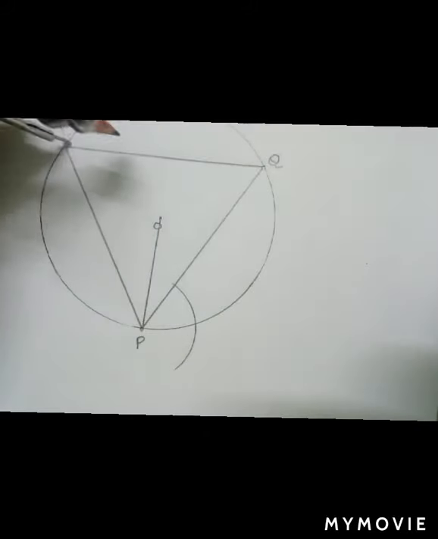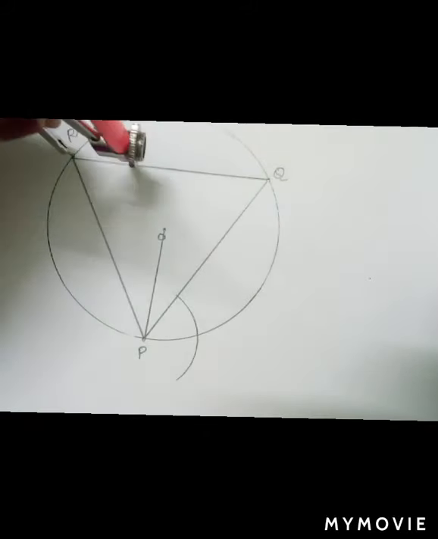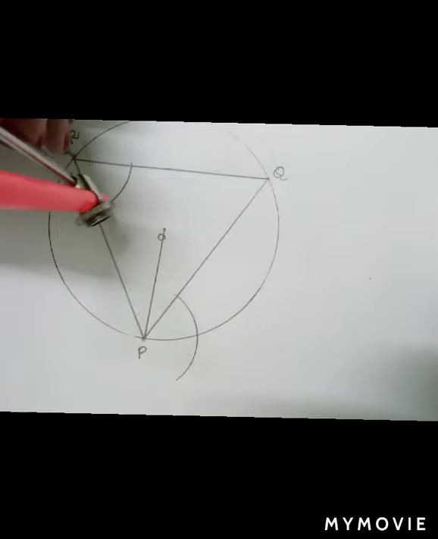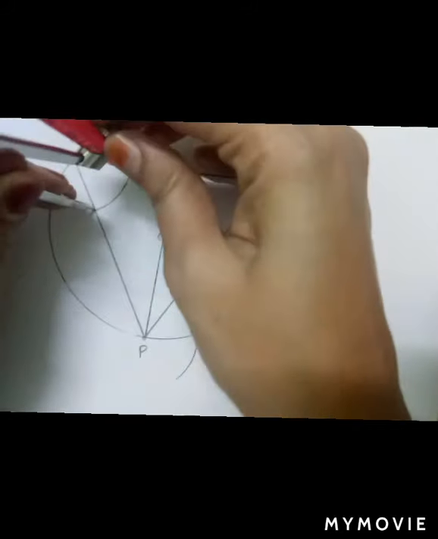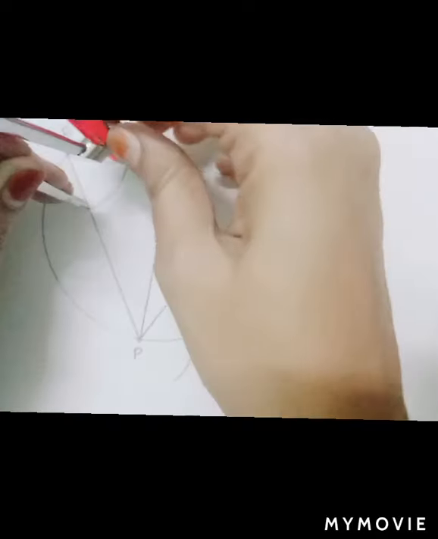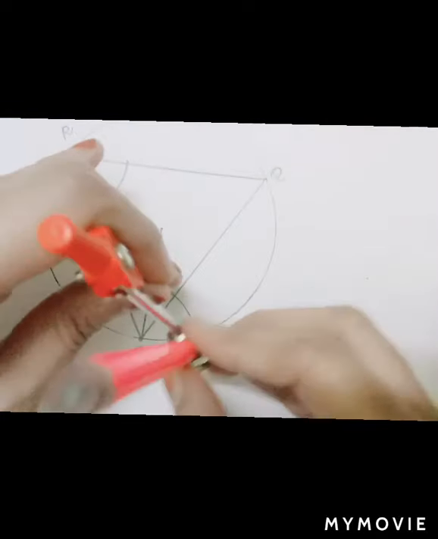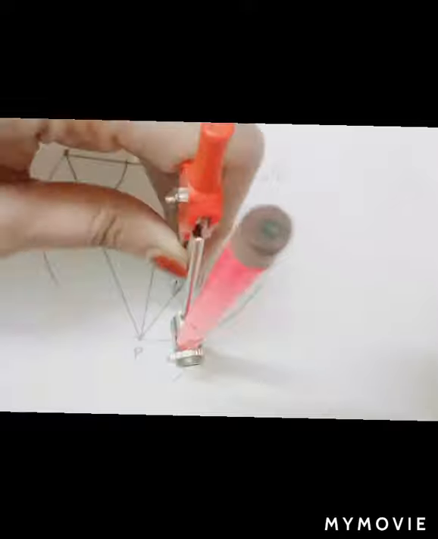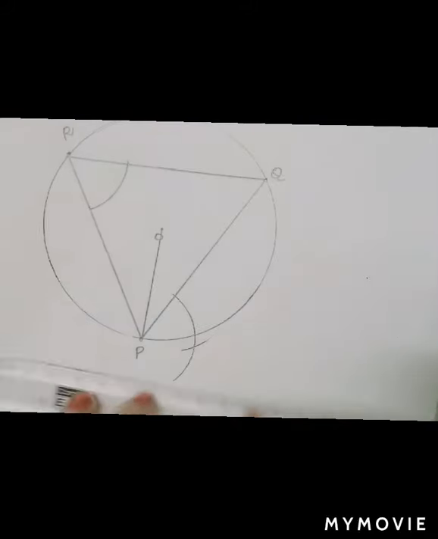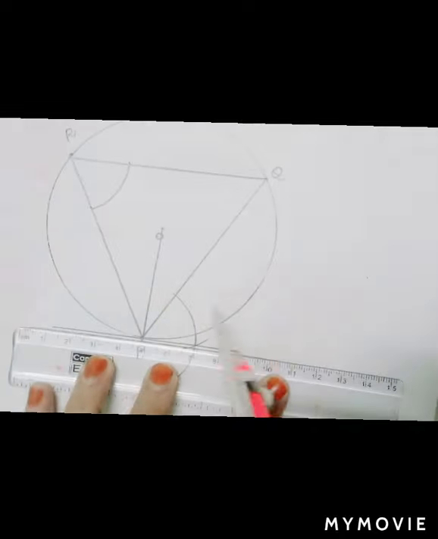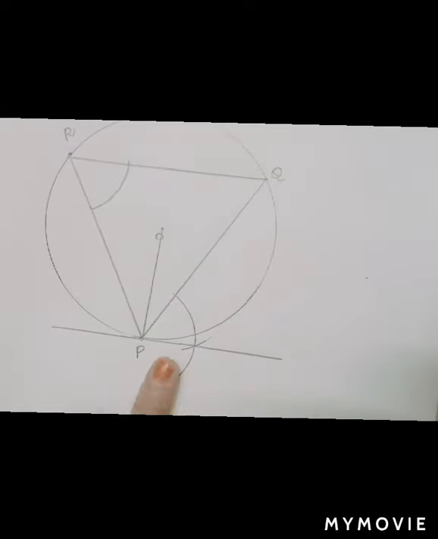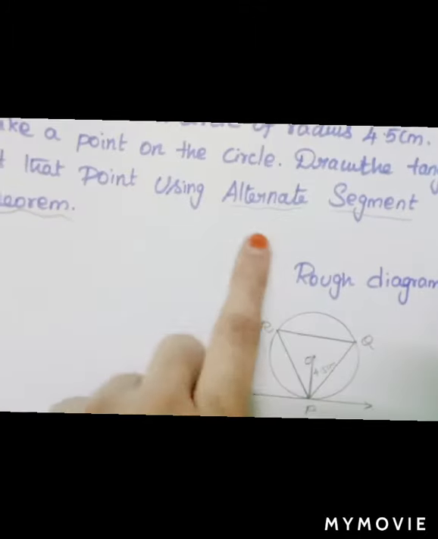Again with the same measurement, cut one arc from R. Now measure this length. From here, cut an arc on the previous arc. Now join this. This is our tangent.